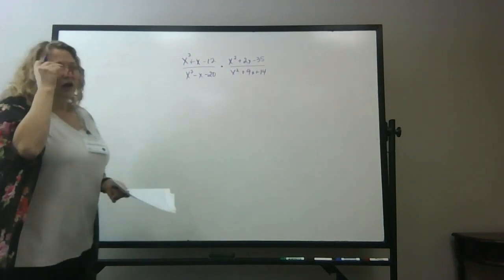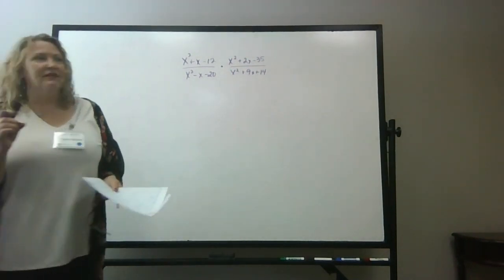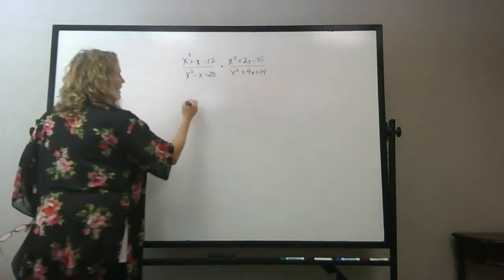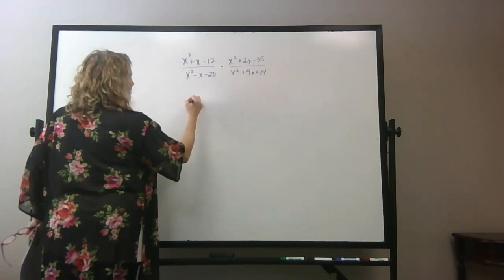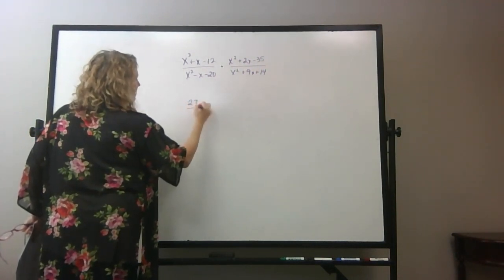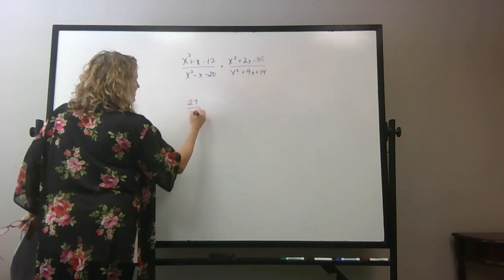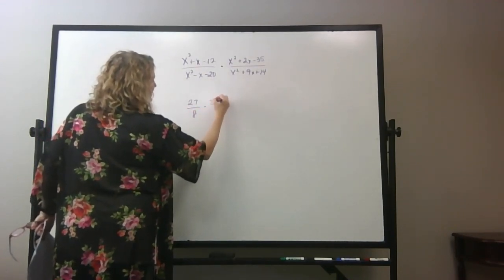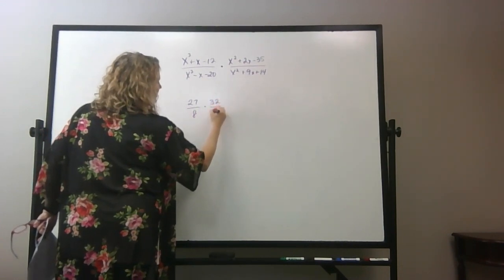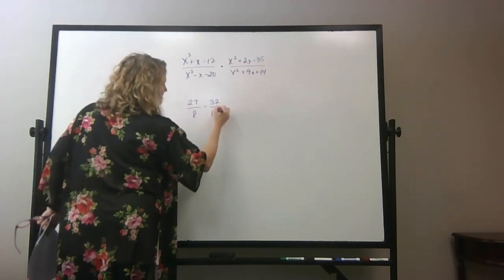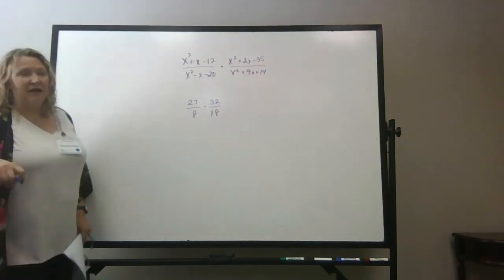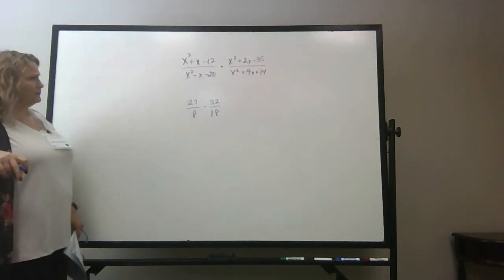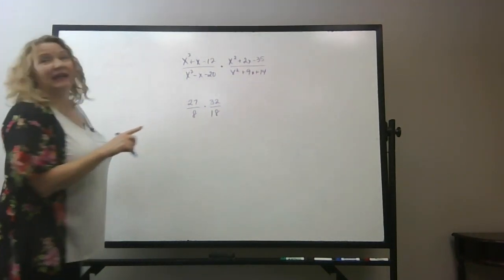Okay. Think about the fact that if you had, I'm not going to do this well, 27/8 times 32/18. Think about the fact that I would start canceling things.